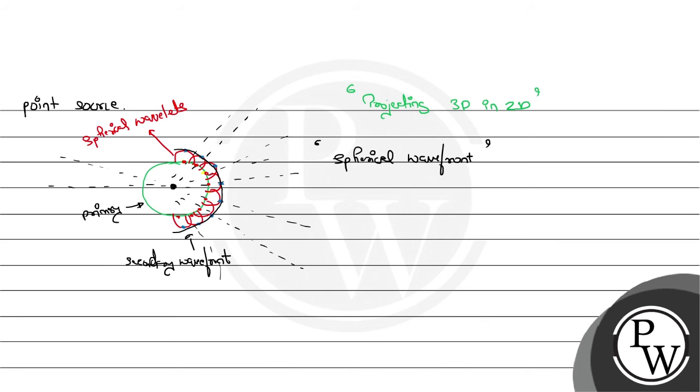So for a point source, the wavefront will be spherical. Now let's see for a linear source. For a linear source, you can take an example of a tube light in your house or something like that, like a slit in a diffraction experiment. You can consider that also.